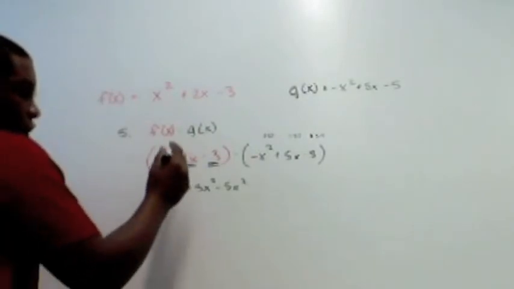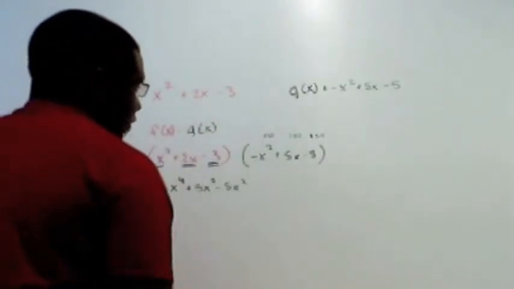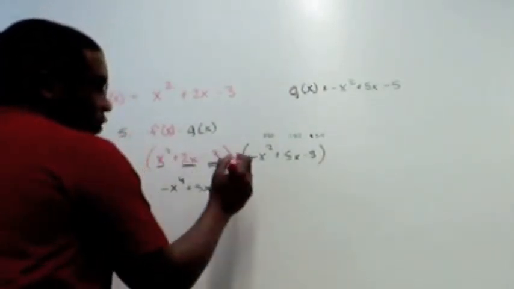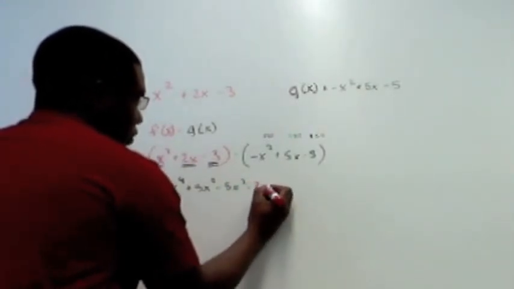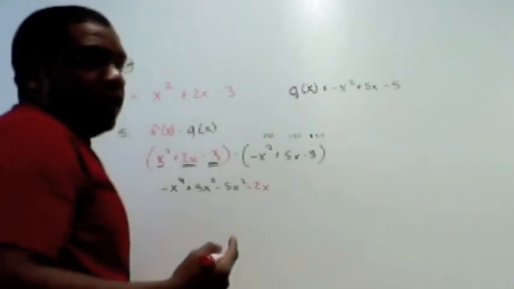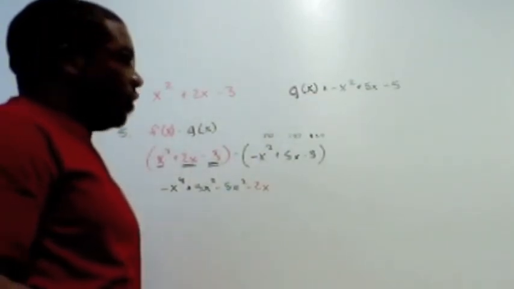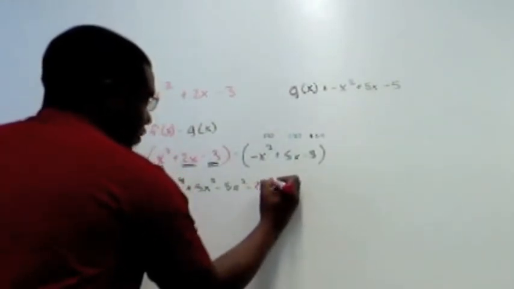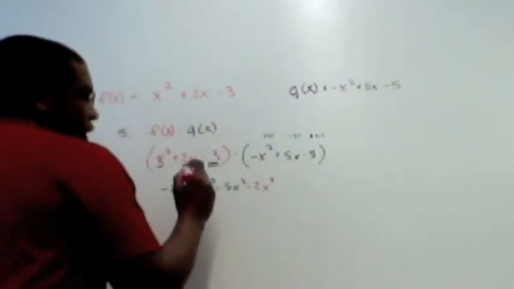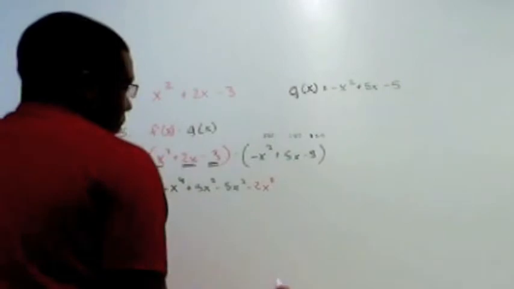Now what I'll do is I'll move on to the 2x. I'll even do a different color for this one. So I'll have 2x multiplied by negative x squared. Again, that'll be negative 2x, and then I've got an exponent of 1 on my 2x, and an exponent of 2 on my x squared. So I'll end up with 2x cubed. Then I take my 2x and multiply that by 5x.